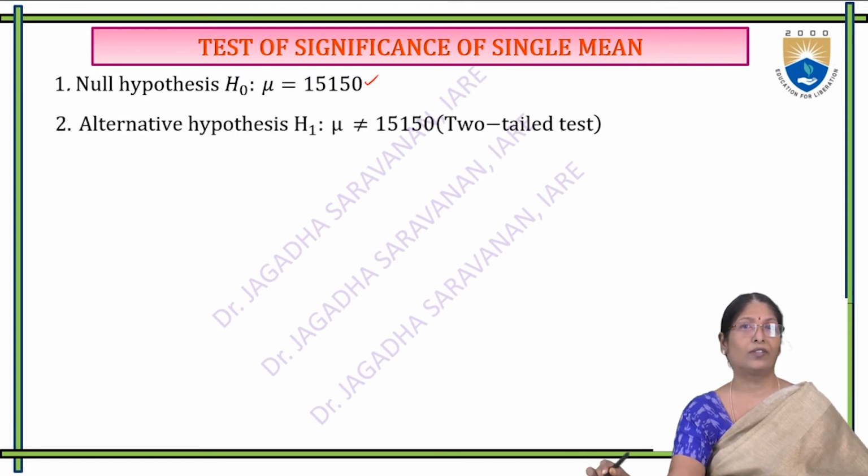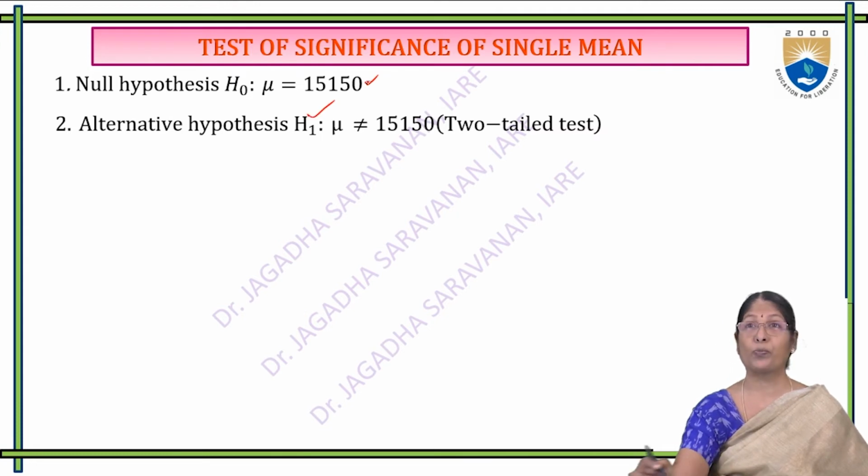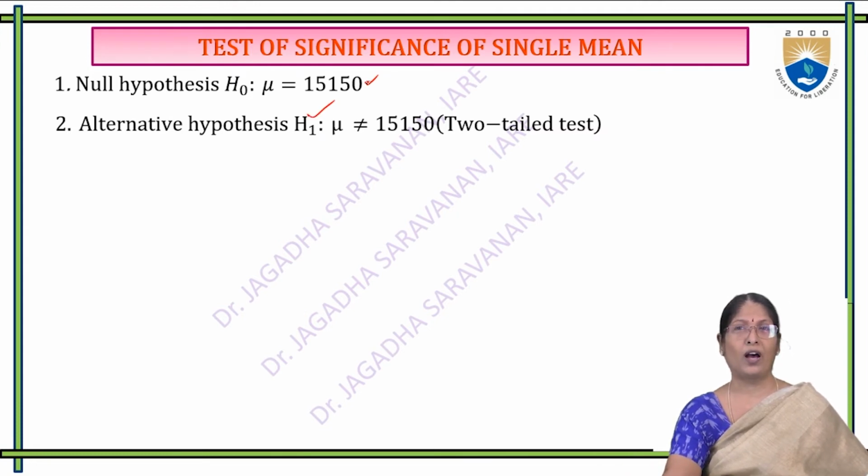The next step is the alternative hypothesis, the symbol H1. In the question, they didn't give any decrease or increase or any condition at all. They just asked whether the sample is coming from that population or not.